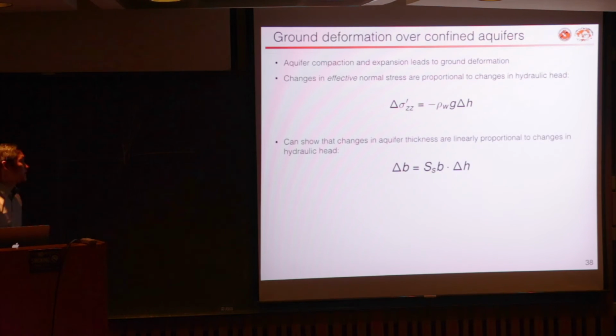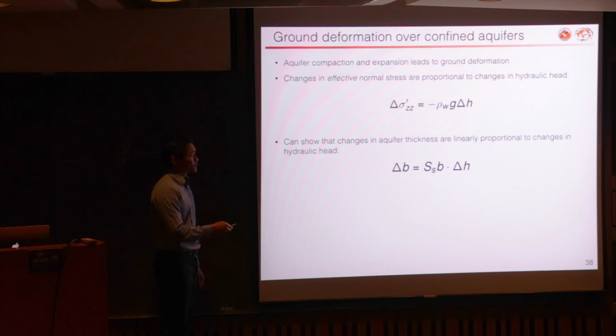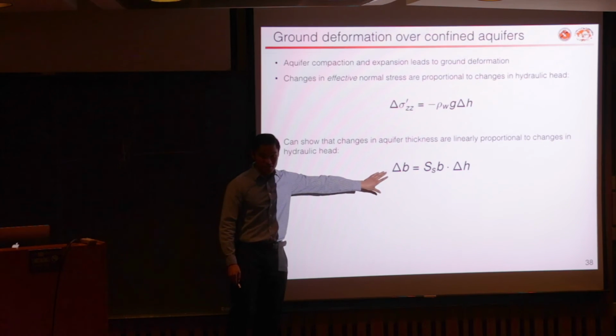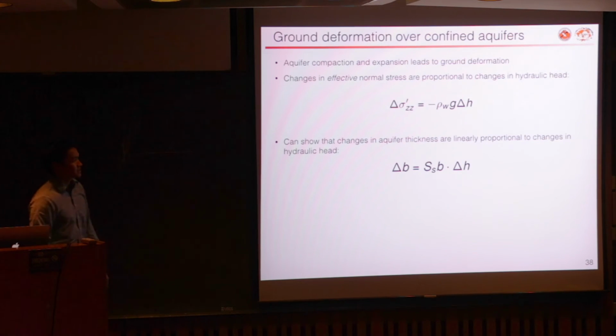And so it can be shown that you have a very simple linear relationship between a change in aquifer thickness, delta V here is a change in aquifer thickness, that is linearly related to changes in hydraulic head under certain assumptions. So you have basically an elastic relationship between pore pressure or hydraulic head and aquifer compaction.